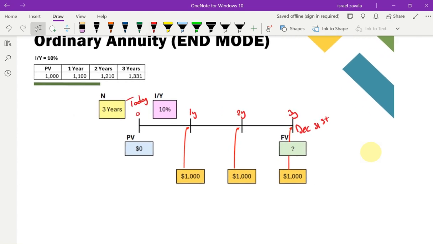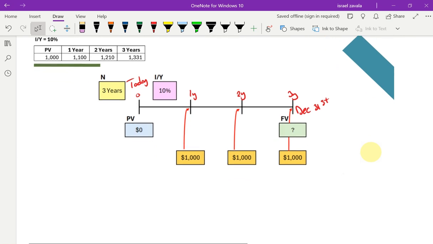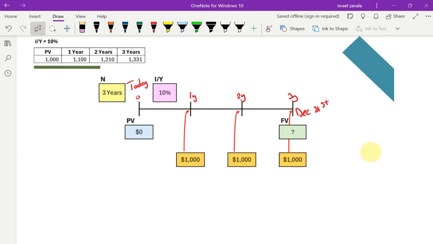So let's do this manually, and then we'll do it on the BA2 Plus so that you can see how things are actually working on the calculator. So the first thing I want to do, this is our first payment, payment 1, right, of $1,000. Now notice that if we're looking at today, I'm going to call this January 1st, we've actually waited the whole year to make our first payment, right?